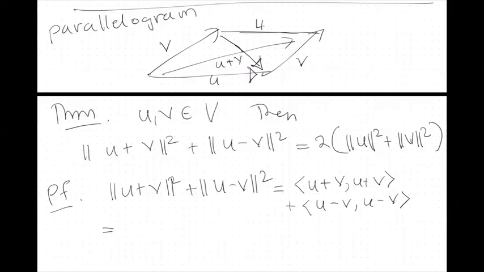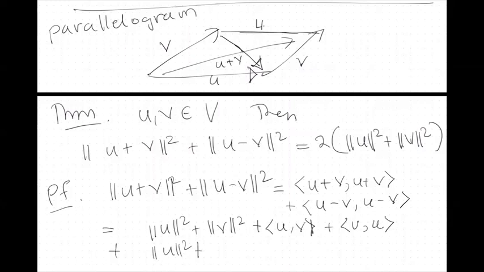So this is equal to u squared plus v squared plus the inner product of u and v plus the inner product of v and u, and then you get plus u squared plus v squared minus the inner product of u and v minus the inner product of v and u, and then these ones cancel.